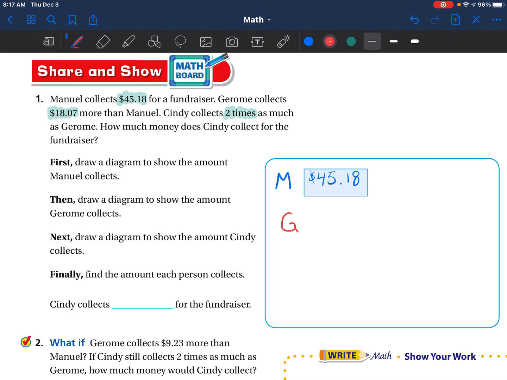So in this case, we take the $45.18 from Manuel and add a block with $18.